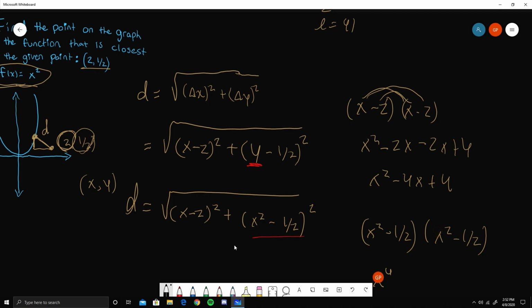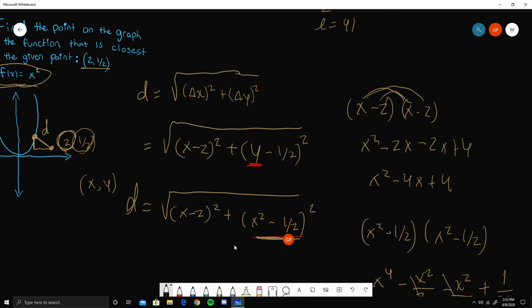Then I get x to the 4th minus x squared over 2 minus x squared over 2 and plus 1/2. Or sorry, not 1/2, 1/4. I apologize. So now when I do this, I get x to the fourth minus x squared, because 2 over 2 cancels, plus 1/4 when foiled.